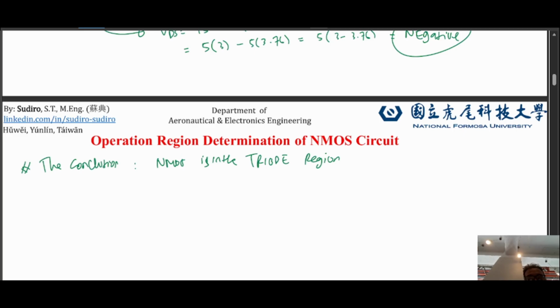region. And we remember that in the triode region, the ID is equal to mu n COX W over L times VGS minus VTN times VDS minus VDS square over 2.